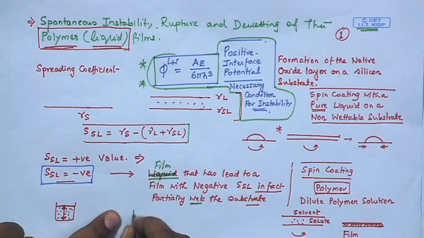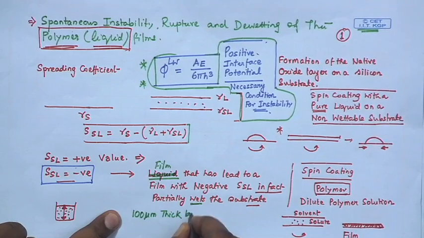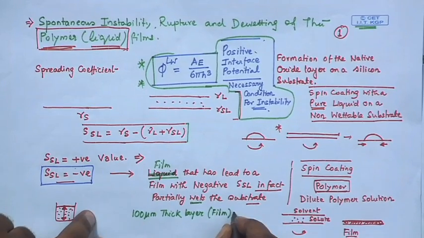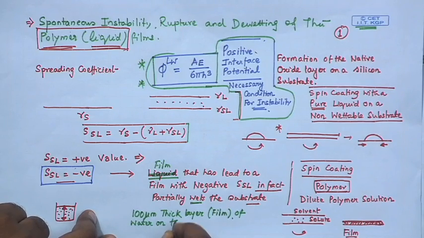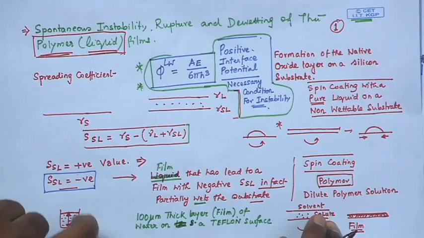So, based on spreading coefficient, if you try to have a 100 micron thick layer of water on a surface of Teflon, which we have no harm in marking as a film... Why am I giving this example?